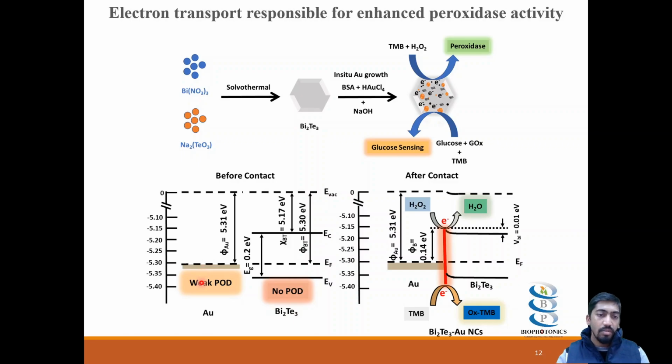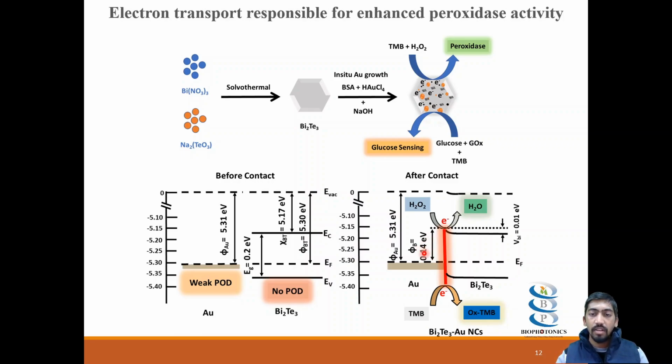So one thing we need to understand here is that the work function for gold is 5.31 electron volts, and the work function for bismuth telluride is 5.3 electron volts. It means that when we combine gold with the bismuth telluride, there is a higher possibility that electrons can easily pass from gold to the bismuth telluride at the interface. So this is what happened in our gold nanocomposites, and we can see here the Schottky barrier found between the gold and this material is only 0.14 electron volt.